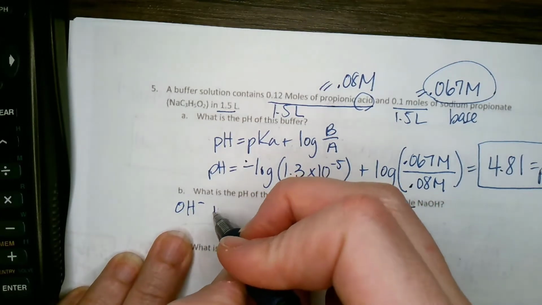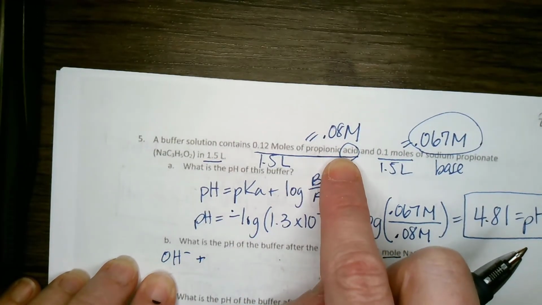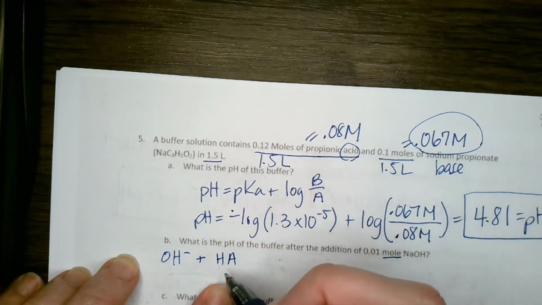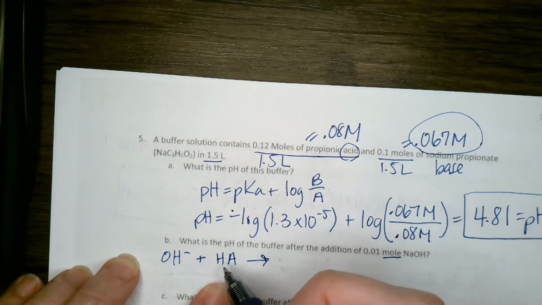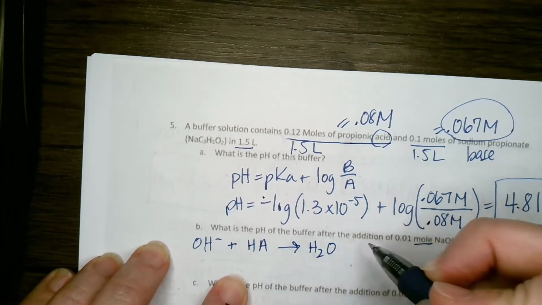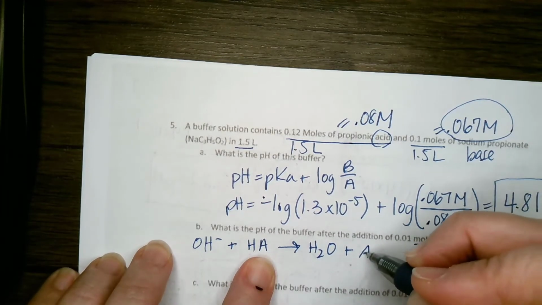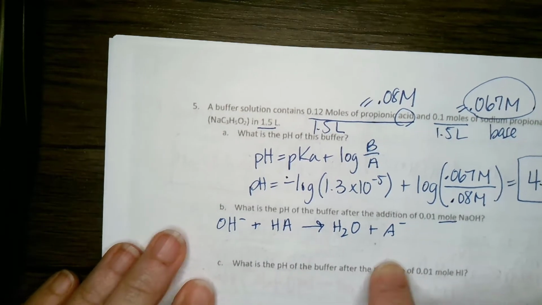So we have base, and it's going to be reacting with our acid, our propionic acid. I'm just going to say HA for our acid. We know that our acid is going to be a proton donor. We're going to have water, and what's going to be left over? Our conjugate base.